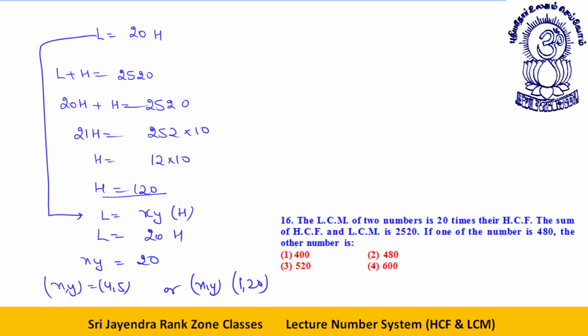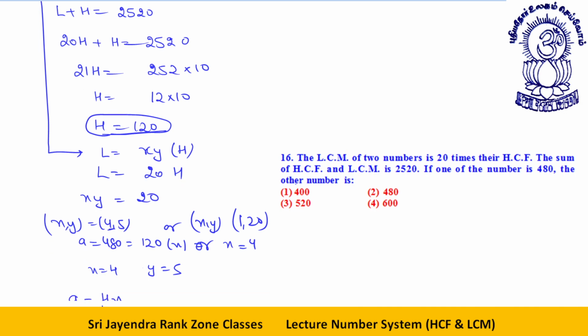Let's see which fits. H is 120. One of the numbers is 480. If one of the numbers is 480, then that number is 120 into X, so X has to be 4. 120 into 4. Getting it? A is equal to HX, so X is equal to 4.